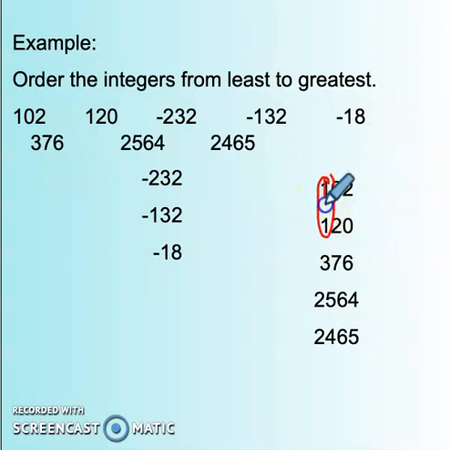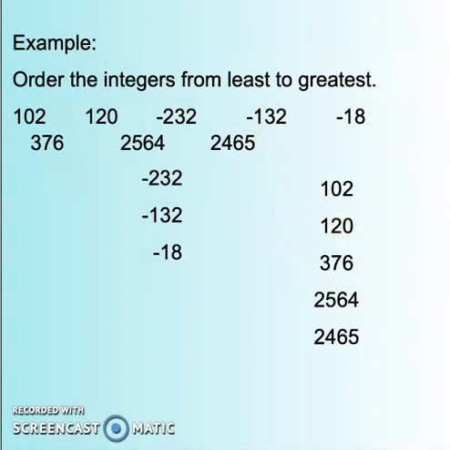So I can't compare them using the hundreds. But if I look at the next two digits, the 0 and the 2, I can tell which one's the smallest because this one's 0 and that one's 2. So actually these two are also in the correct order. Pretty amazing.